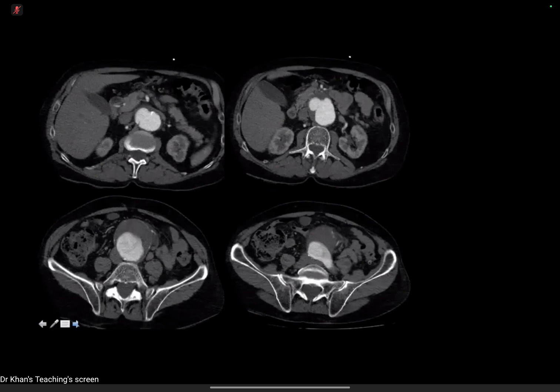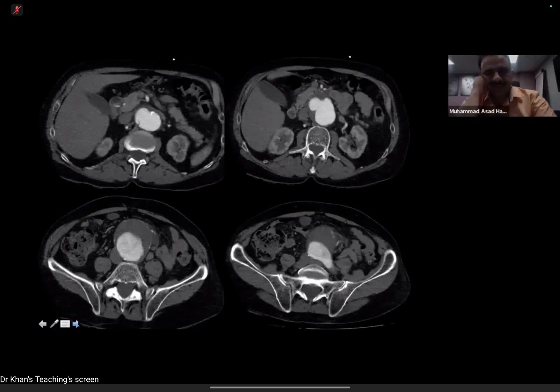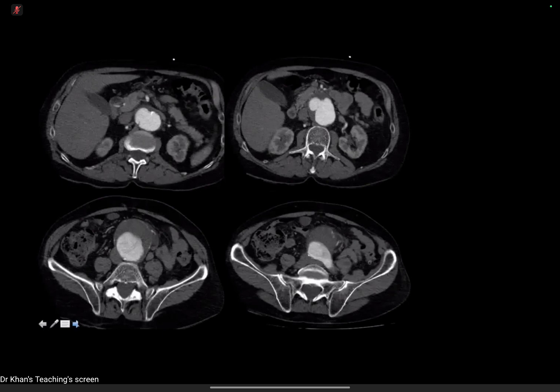Okay, these are selected images of the upper abdomen. The abdominal aorta appears to be aneurysmal, and there appears to be contrast extravasation outside of the aorta. Where can you see the extravasation?